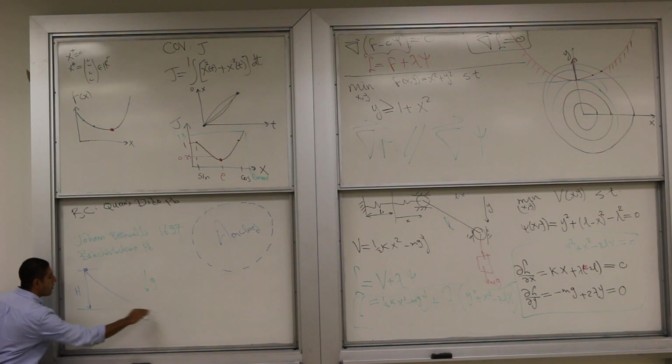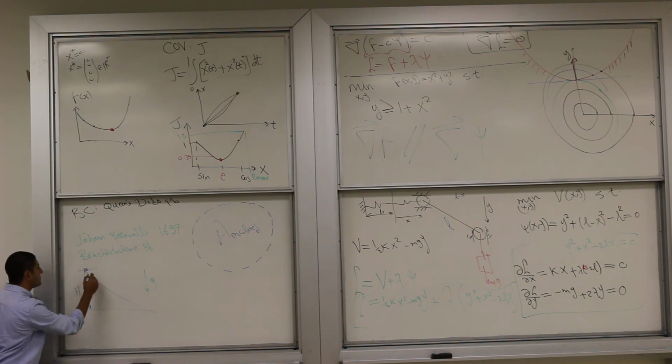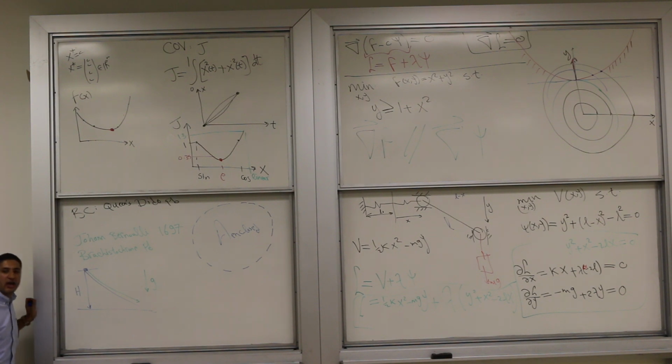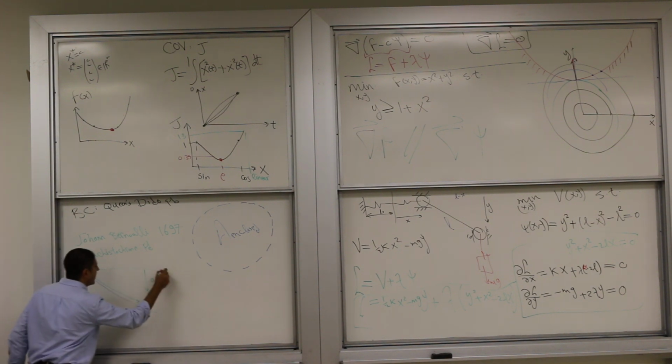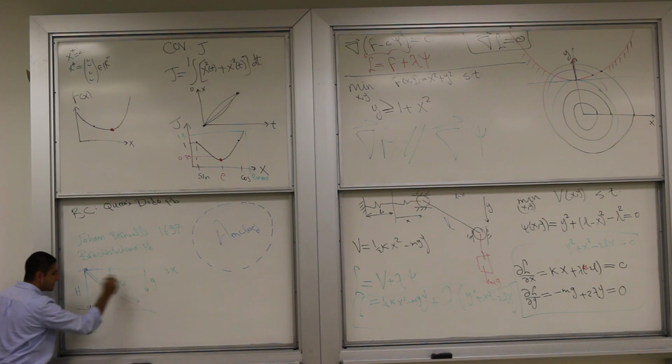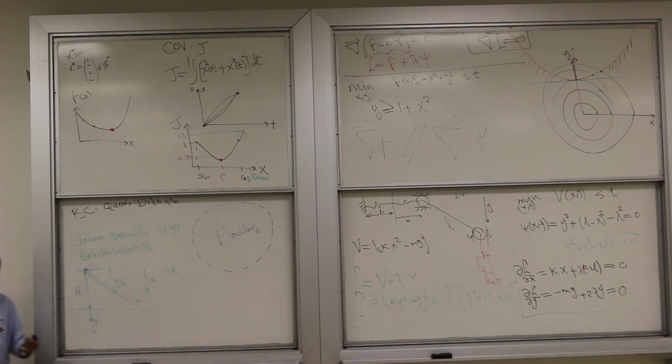What is the shape of the curve along which this ball will roll to come down in minimum time? So I'm looking for the shape of the function. If this is x and this is y, then I'm looking for y of x. What is y of x that minimizes the total time of the excursion?